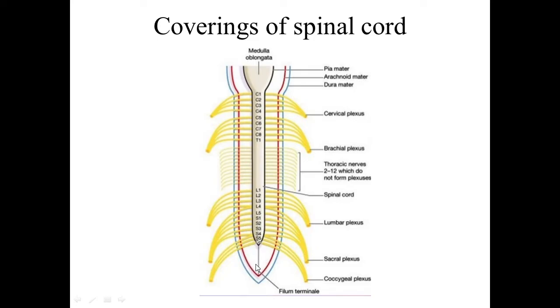Around the filum terminale there is a roomy space, and this roomy space is called the lumbar cistern. The lumbar puncture is usually done between the L3 and L4 level.